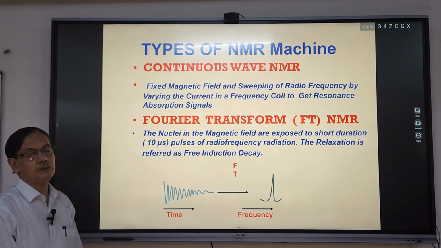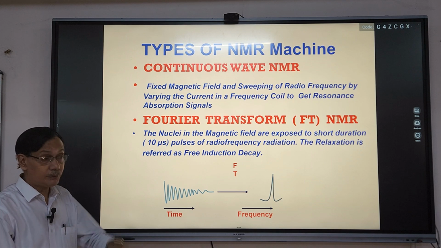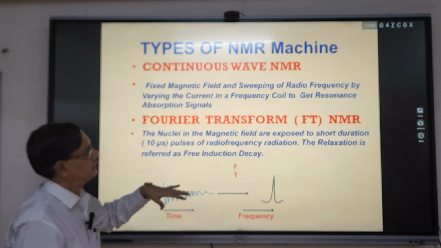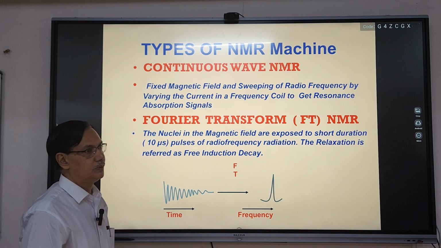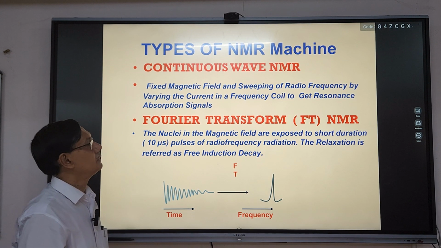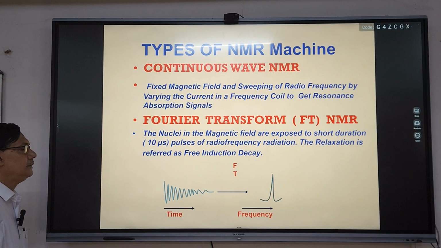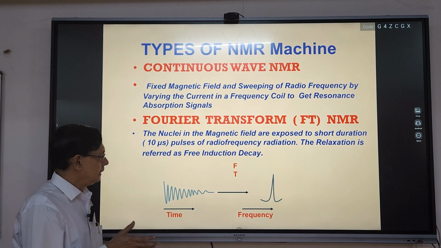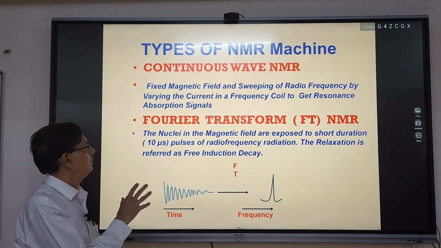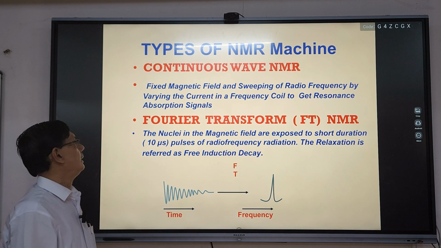So it used a fixed magnetic field and sweeping of radio frequency by varying the current in a frequency coil to get the resonance absorption signals. But after the discovery of Fourier transform NMR, of course by Richard Ernst, the system has changed, and most present NMR machines are Fourier transform NMR.